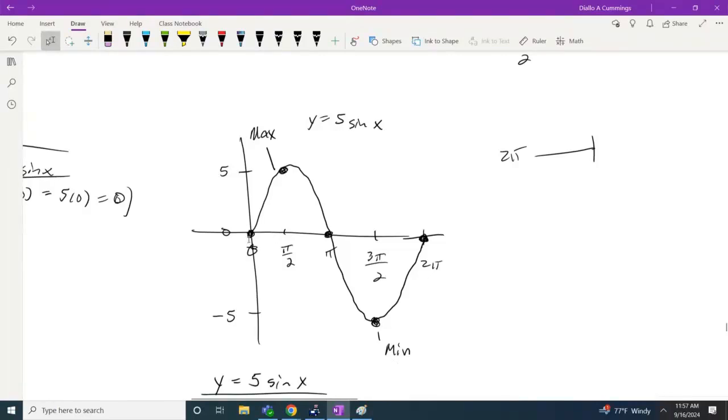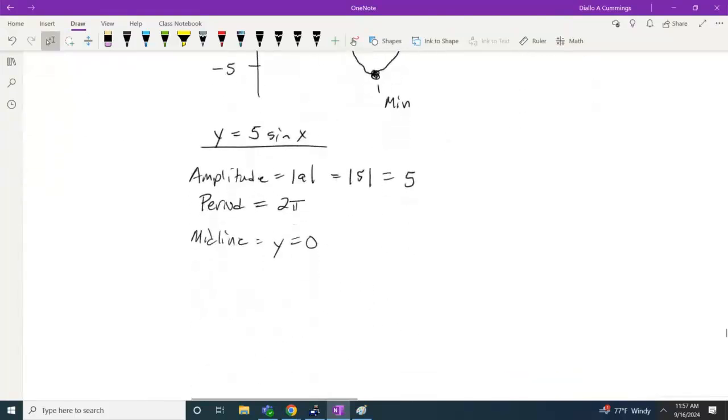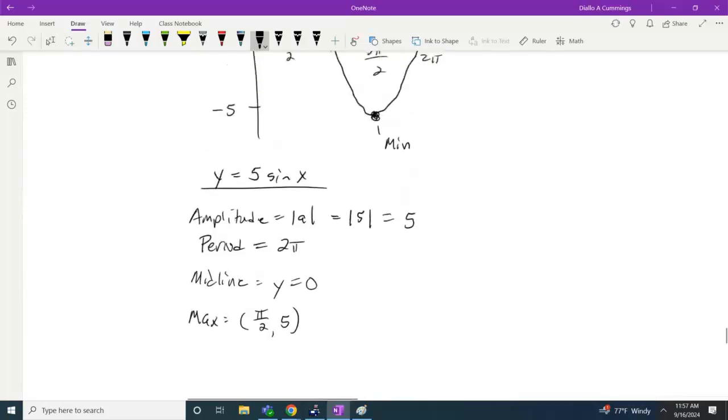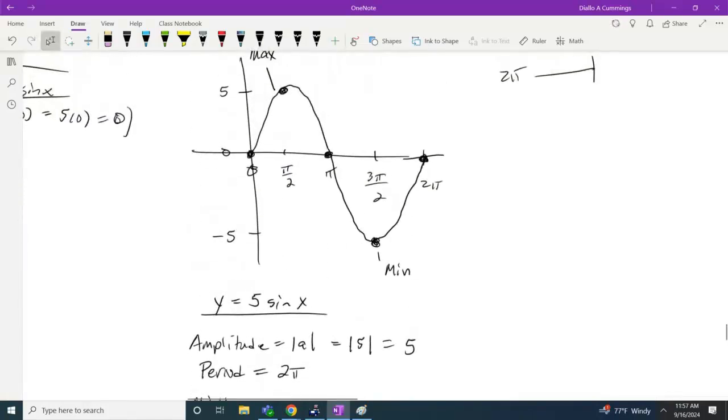You must write out the maximum in an ordered pair format. So my maximum is pi over 2, 5. So that's the coordinates for this point that's on the top of the hill.